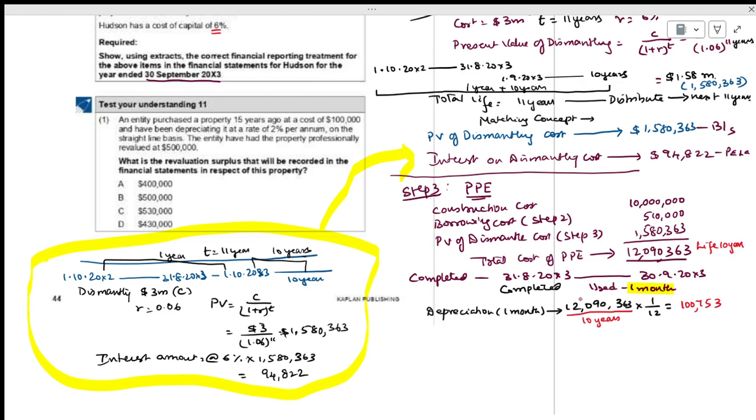Life is 10 years. We are calculating depreciation only for 1 month.